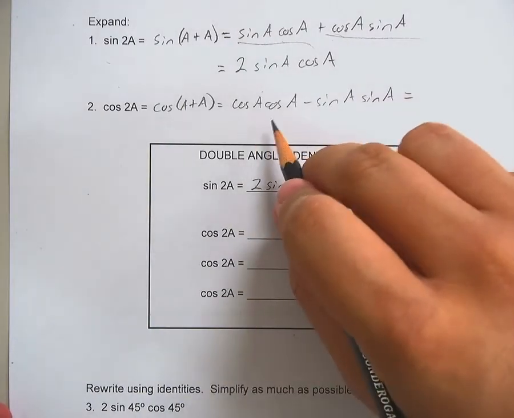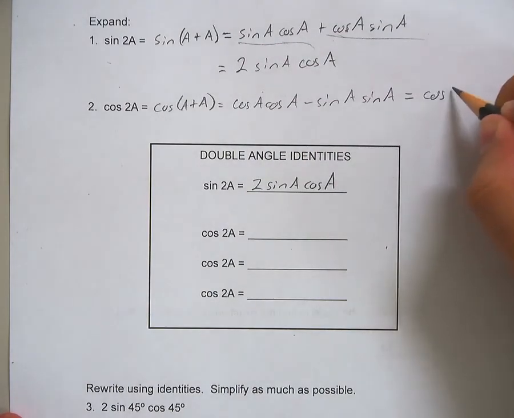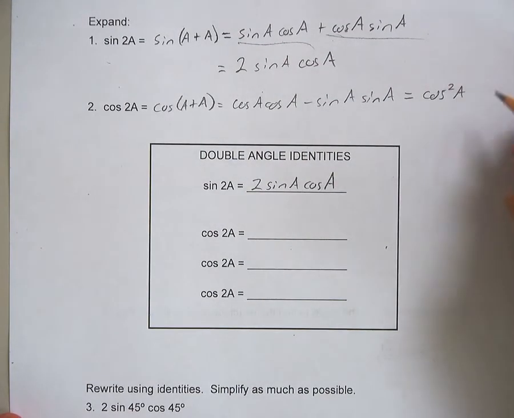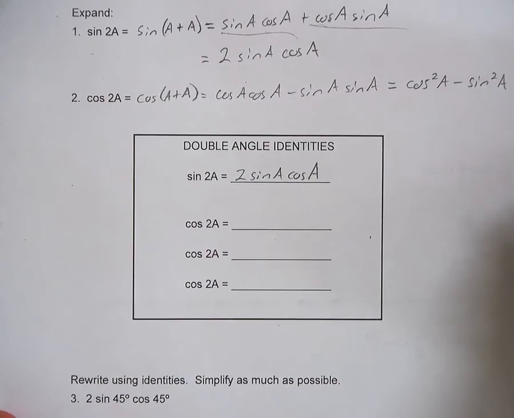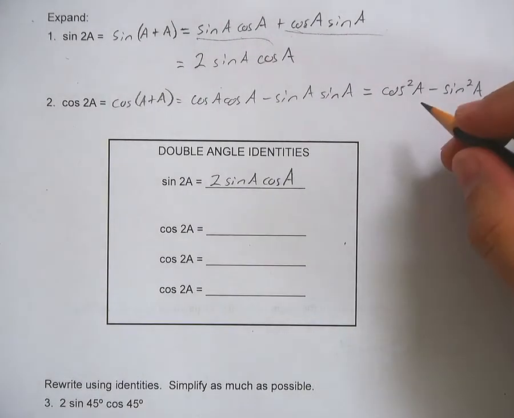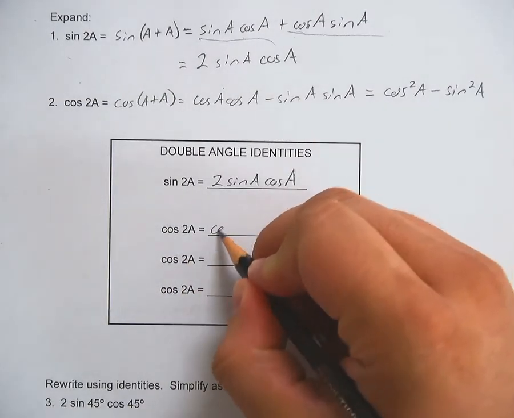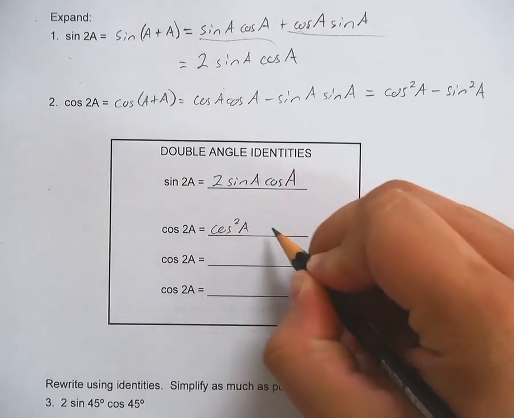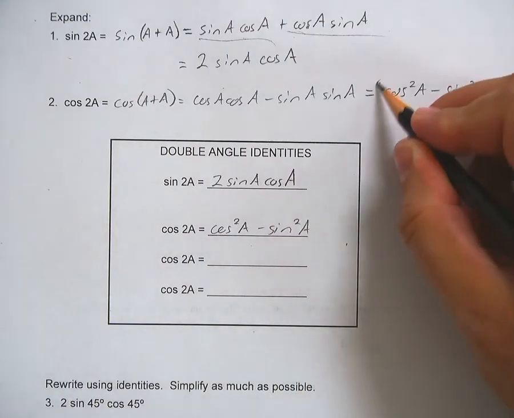Cosine of a times cosine of a, since they're the same, we can combine that to cosine squared a minus sine squared a. There's your first identity. Cosine of 2a is cosine squared a minus sine squared a. So that's number 1.